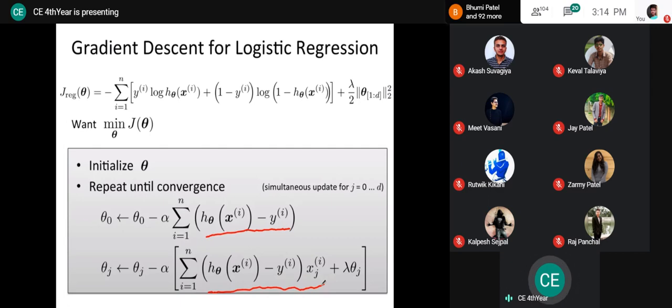which is actually the same function, we can say the same gradient descent as linear regression, where for theta 0 we do not have the regularization part, as well as we do not have the x0, or you can say the x0 value is 1, while for the other theta values, what is the range of j?